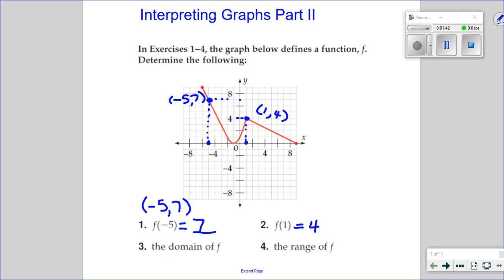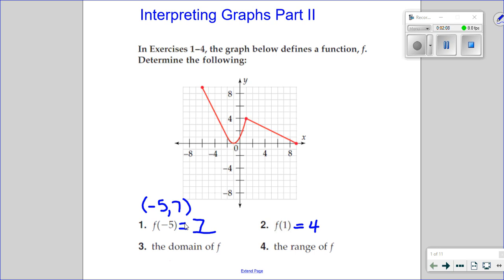Okay, now getting into some new stuff. How do we find the domain and the range of a function graphically? Well, remember that domain stands for the x values, or the input, or the independent variable. So graphically, when we're finding domain, you want to look at the graph from left to right, okay?